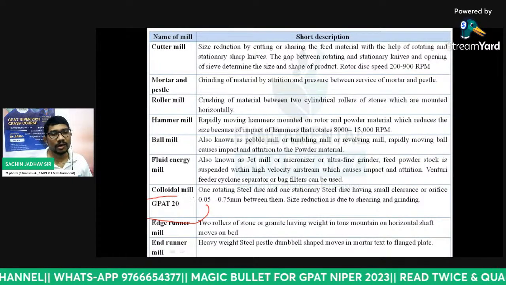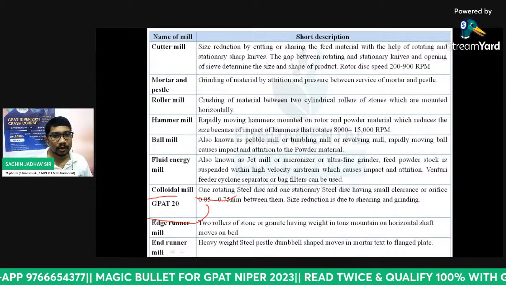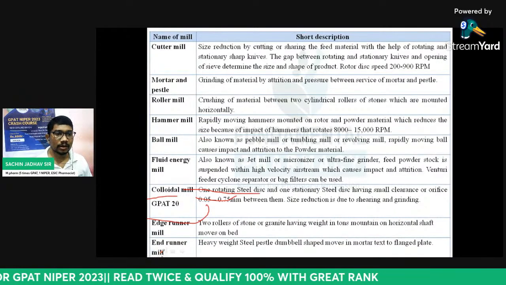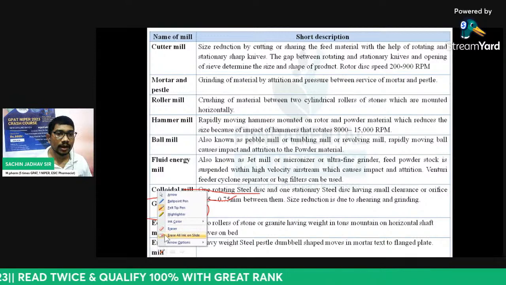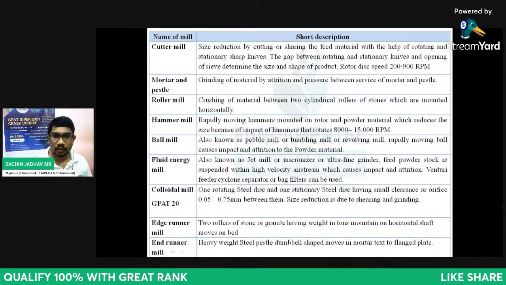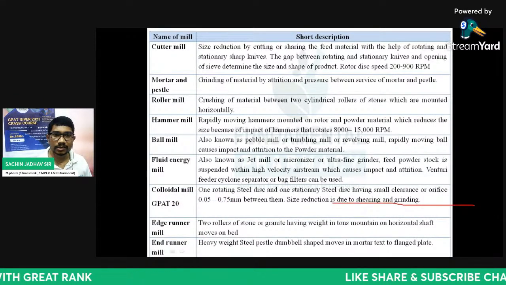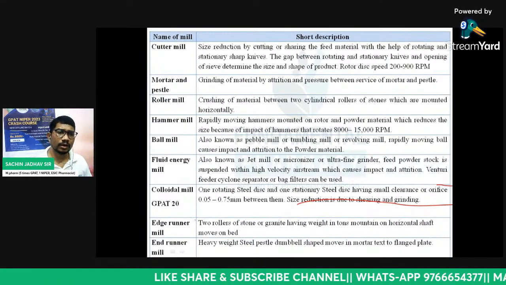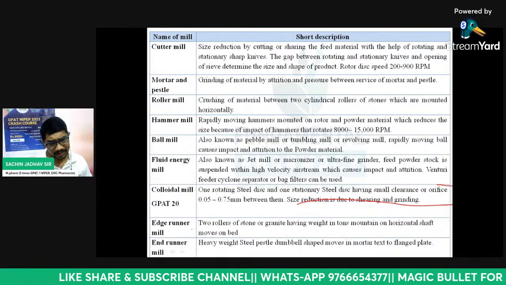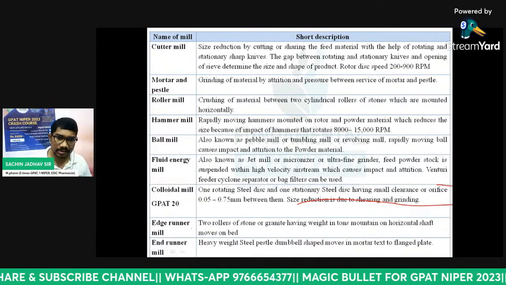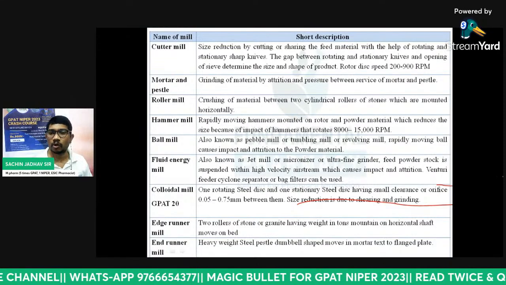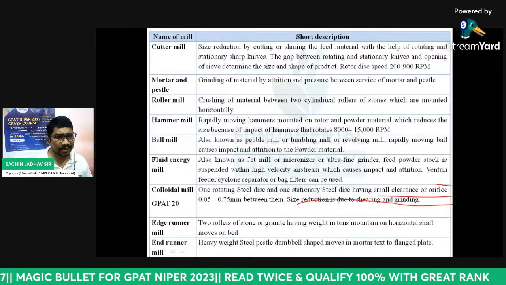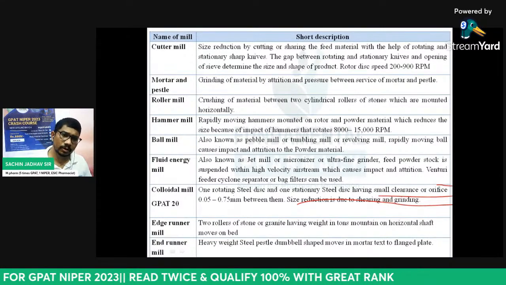So in the colloidal mill, one rotating steel disc. In case of colloidal mill, there is one rotating steel disc and one stationary disc, and in between the rotating steel disc and stationary steel disc there is a small clearance or small orifice. तो एक उसमें रोटर रहेगा, एक इसमें स्टेटर रहेगा. रोटेटिंग स्टील डिस्क को रोटर भी बोल सकते हो आप.